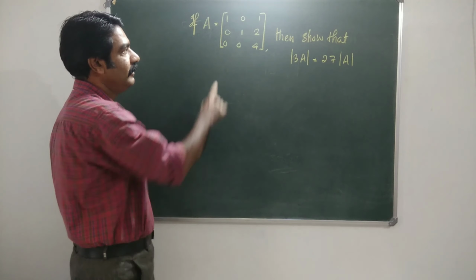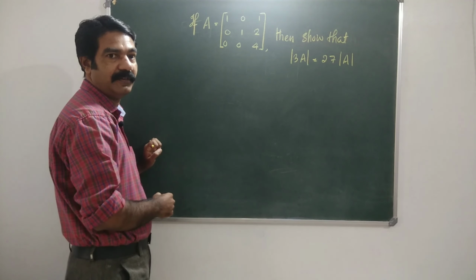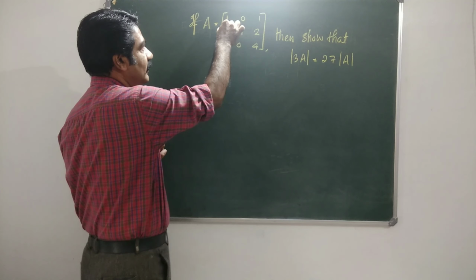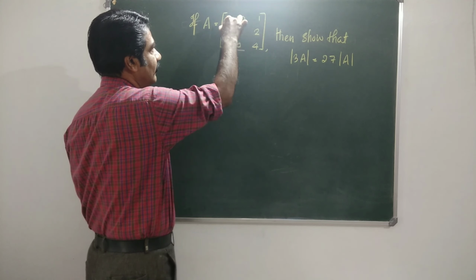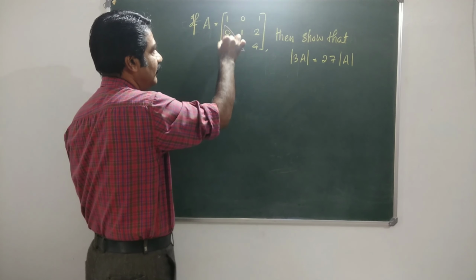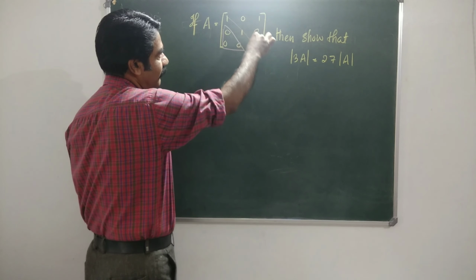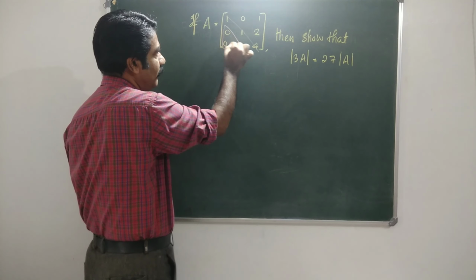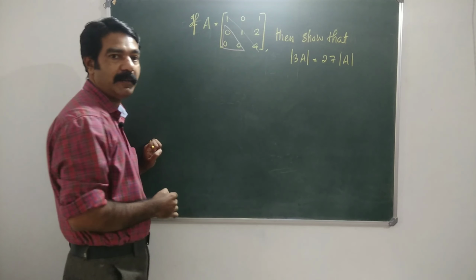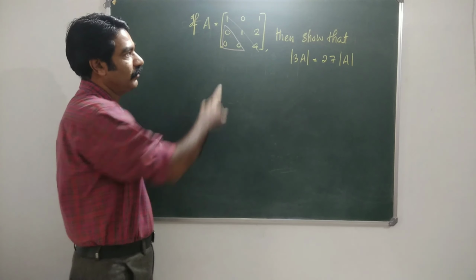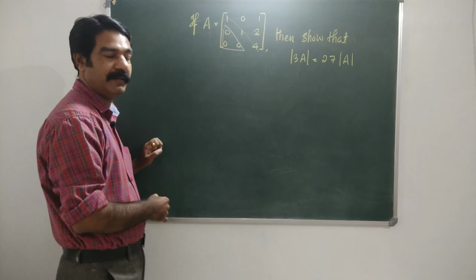This matrix is a special matrix. What is the specialty here? These three elements are 0. This is the diagonal. If these three elements are 0, it is called an upper triangular matrix.